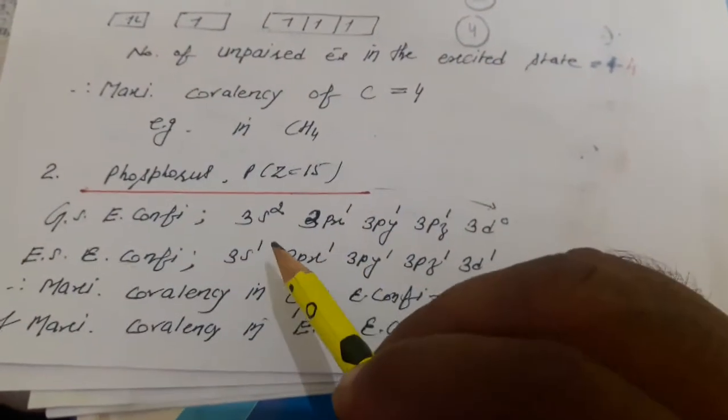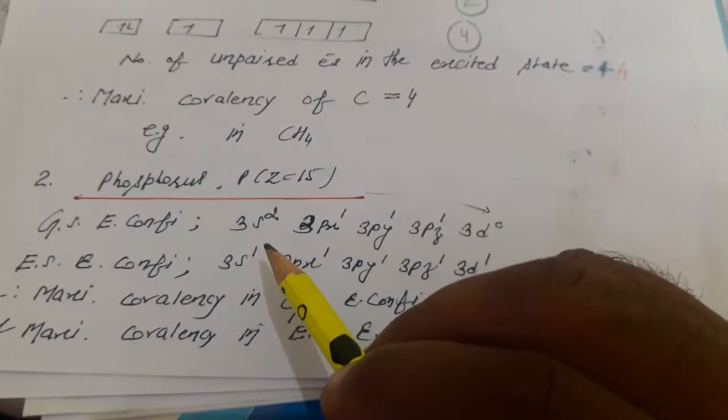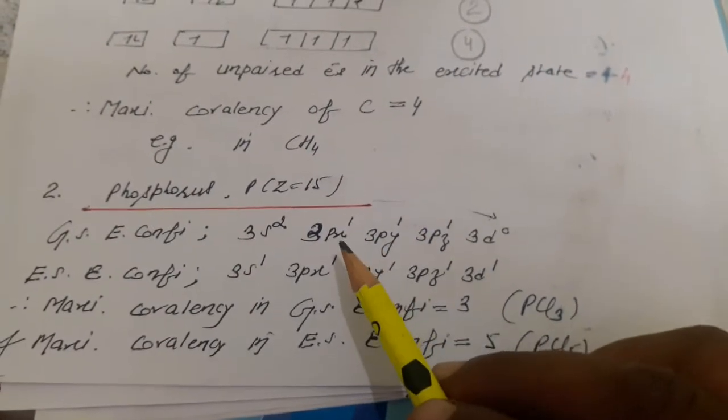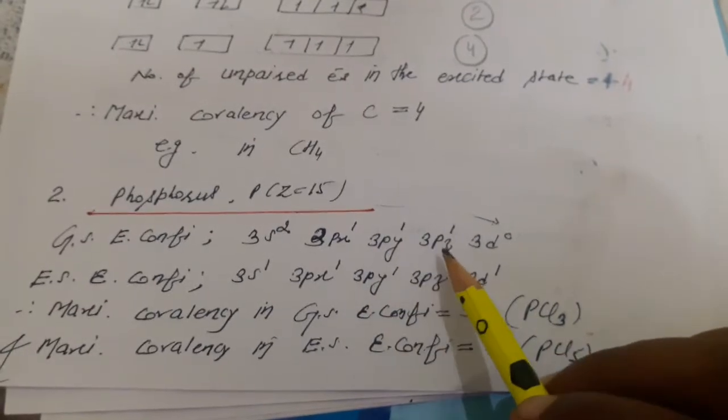Next is phosphorus from the p block elements. Phosphorus has atomic number 15. You have no need to write the whole configuration, so write only the valence shell electronic configuration. Now you can check that the p subshell contains 3 unpaired electrons.